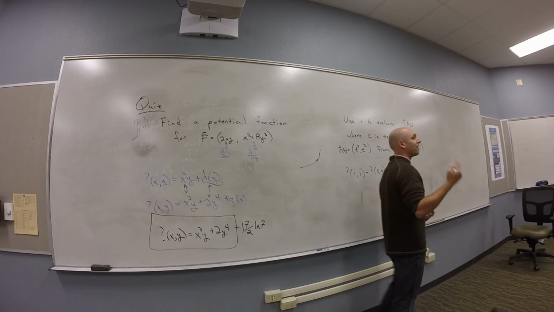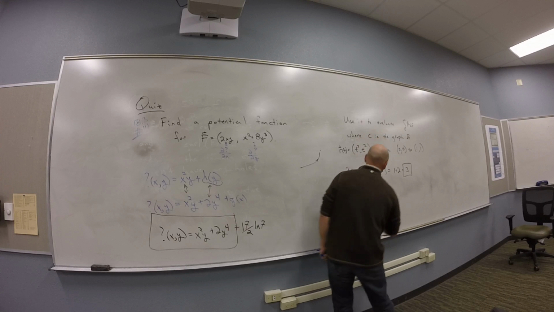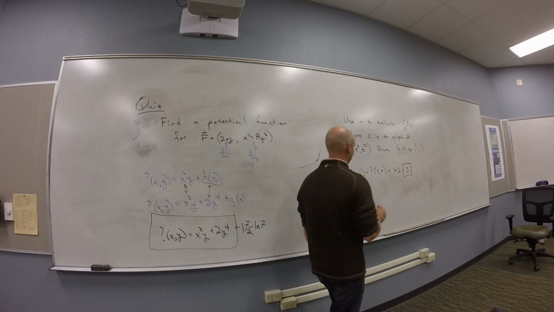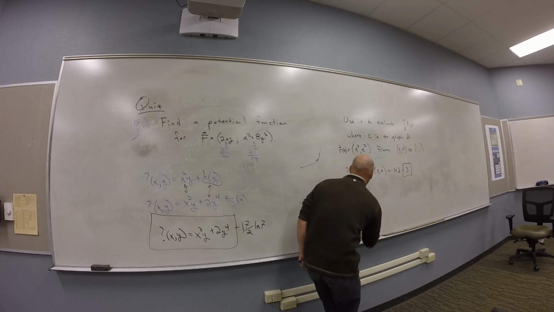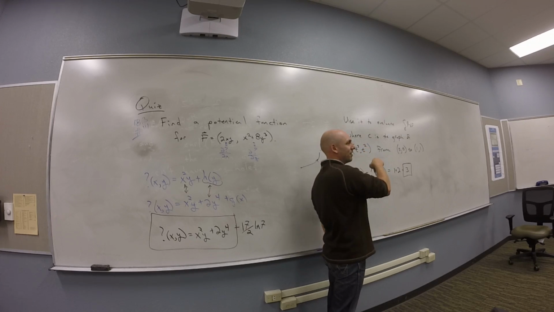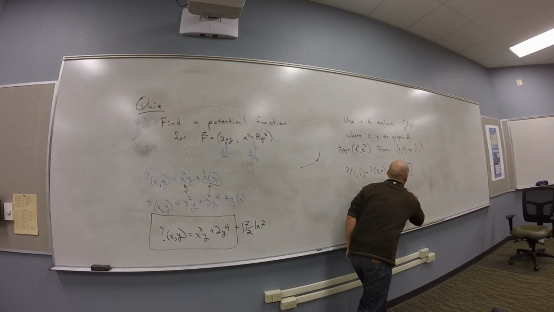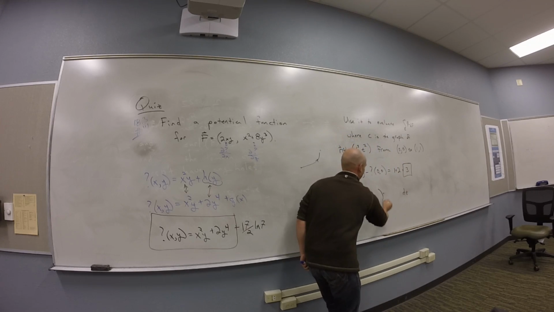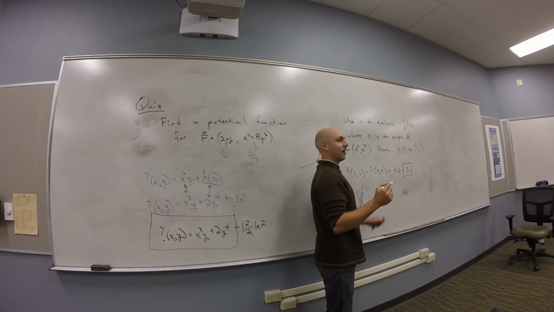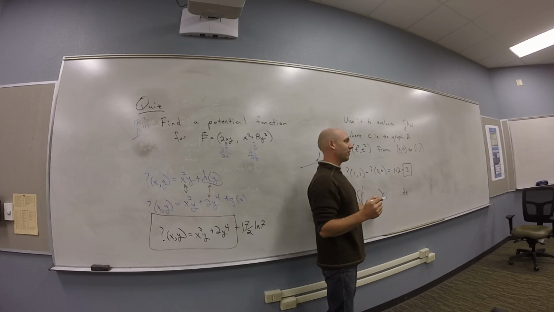Or you can try the whole line integral rigmarole. If you were going to try the line integral, you should be integrating from t is 0 to t is 1, dt. And then what should go in here? You need the vector field itself.